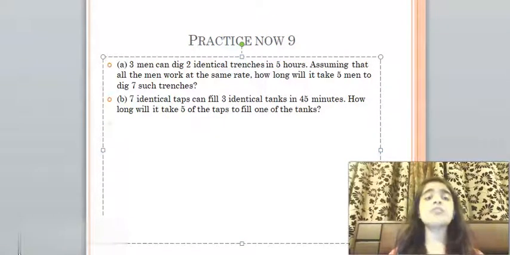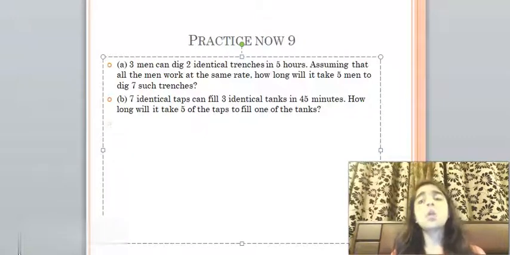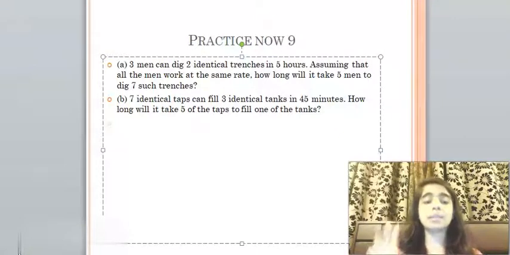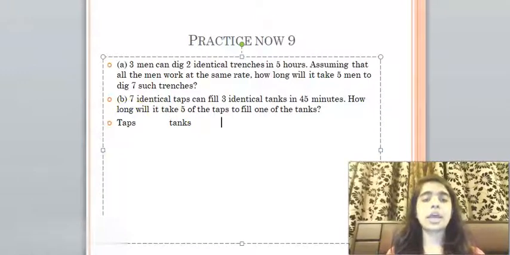Alright, now let's do part B. Here we have 7 identical taps can fill 3 identical tanks in 45 minutes. How long will it take 5 of the taps to fill 1 of the tanks? Okay, so we have 3 quantities here: taps, tanks and minutes. So let's write that down: taps, tanks and minutes.